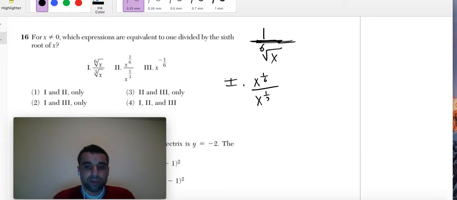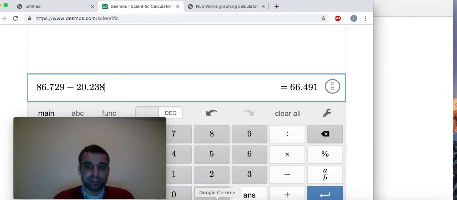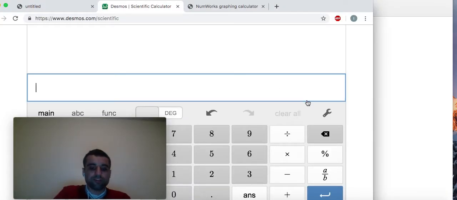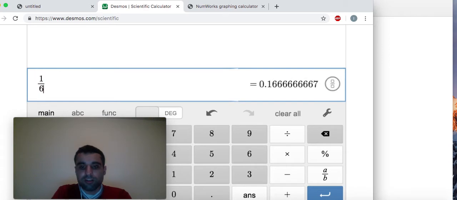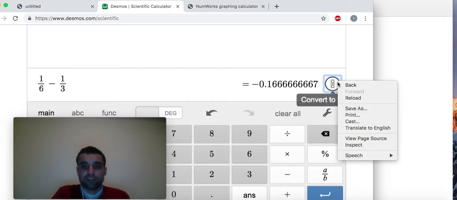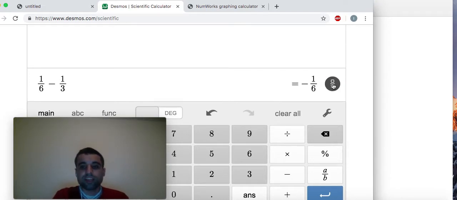Now, if you remember, when I'm dividing two exponential expressions with the same base, I subtract the exponents. So this is the same as x to the 1/6 minus 1/3. I could use the calculator to find out what that is, or I could make the denominators the same. It's negative 1/6.